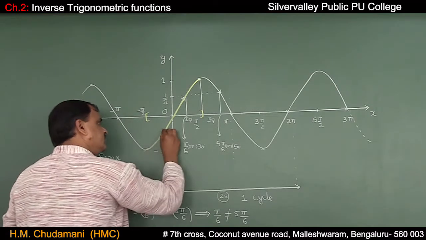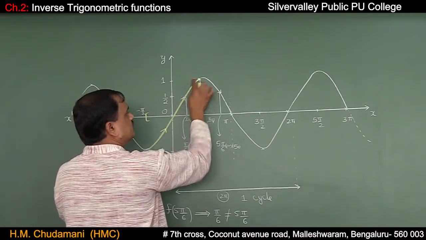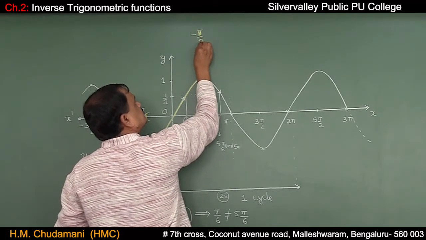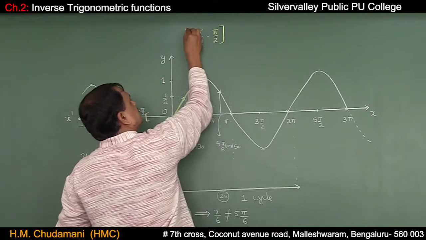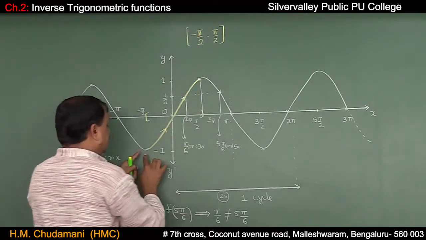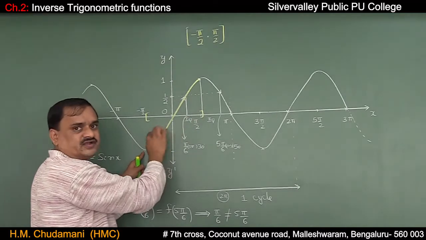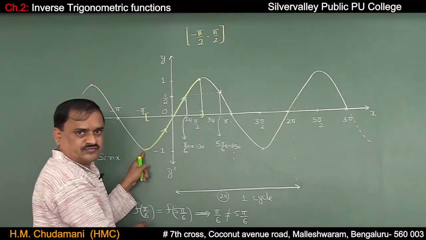See this? So this is only increasing from minus pi by 2 to plus pi by 2. It is only an increasing function. So whatever value you take for x, you get a different value for y. That's why it becomes a one-one function.